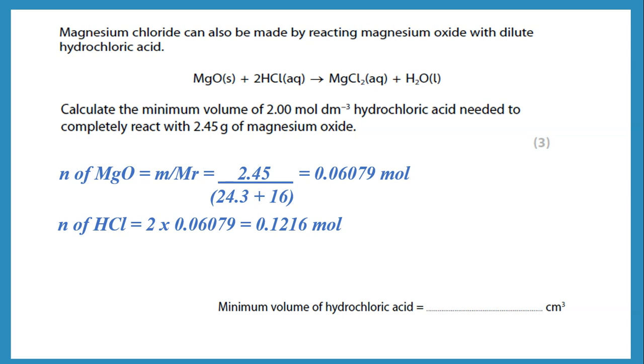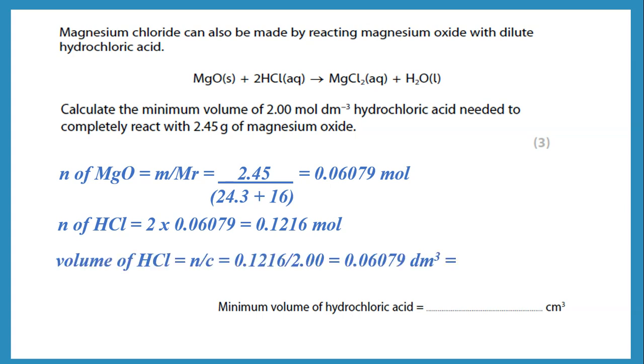We're required to get the minimum volume that is needed, and we have the concentration, and you should know that volume is number of moles over concentration. Remember, this is a solution, and we said number of moles is concentration times volume.